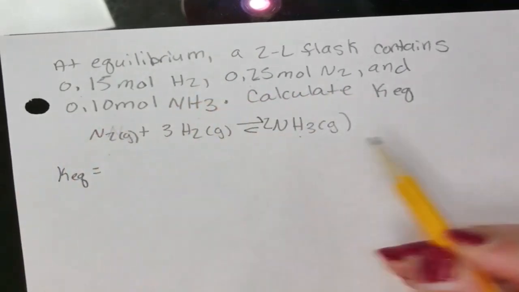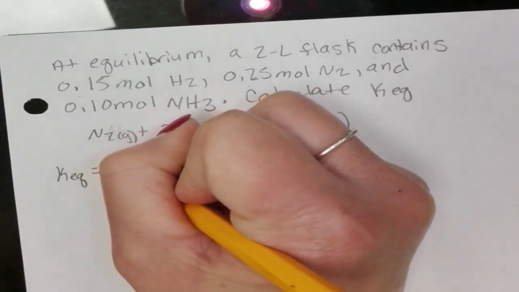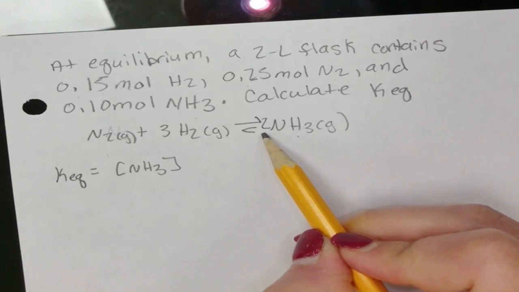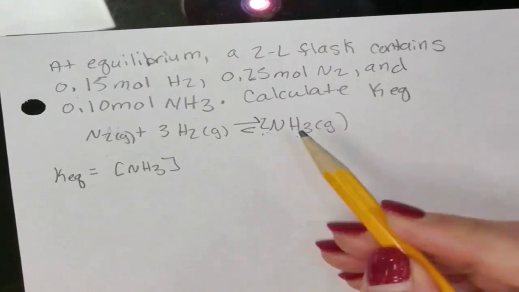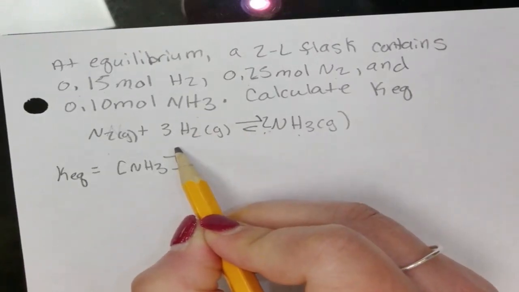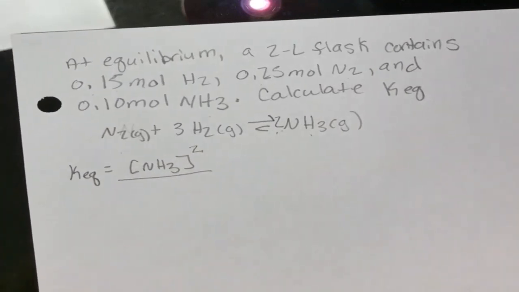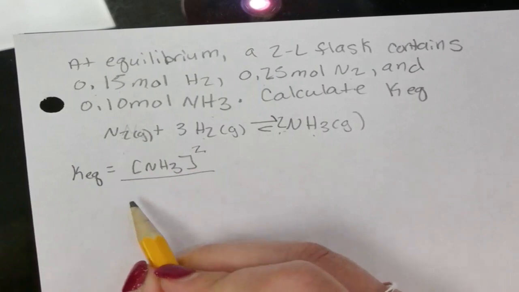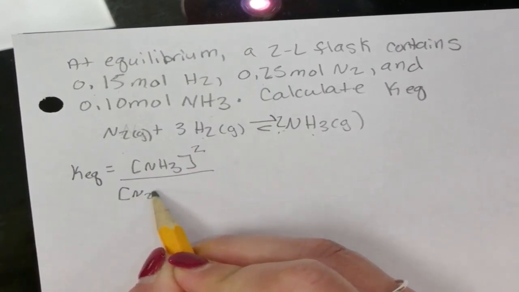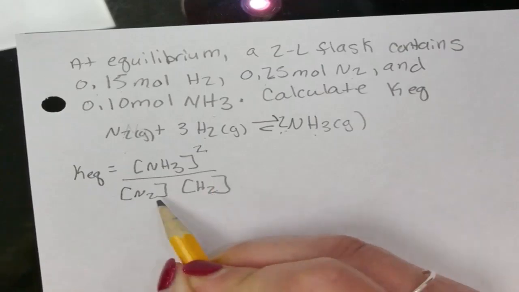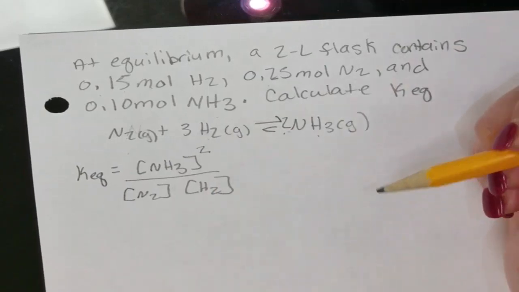My products are only ammonia. And how many moles of ammonia gas do I have? 2. So it is raised to the mole, which in this case is a 2. Over reactants. I have 2 reactants: nitrogen and hydrogen. Now, each one of these is raised to their mole as well.